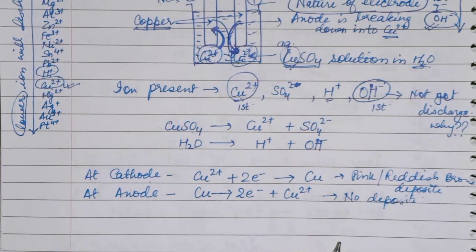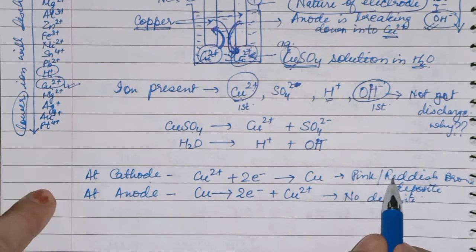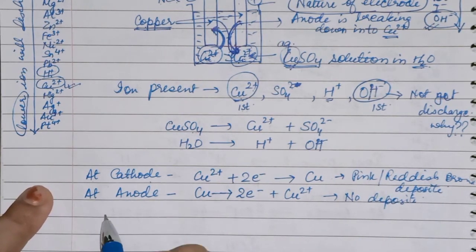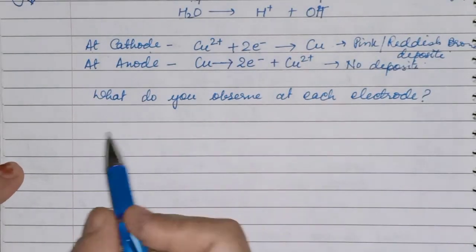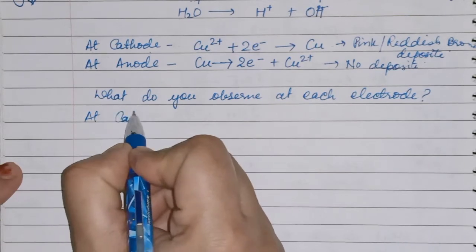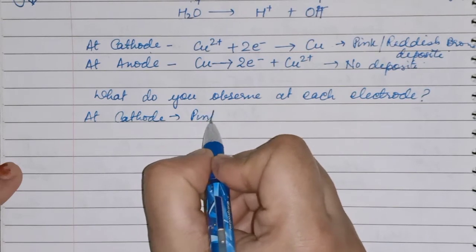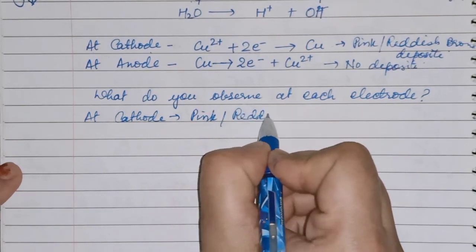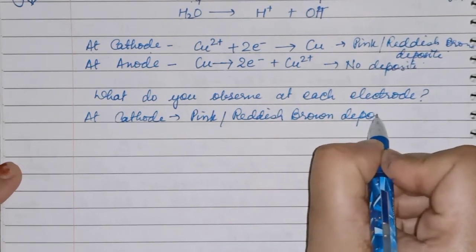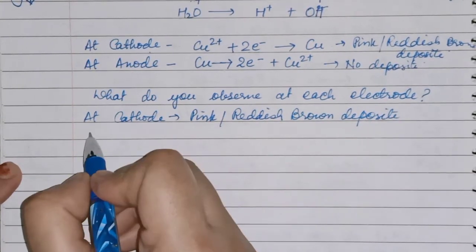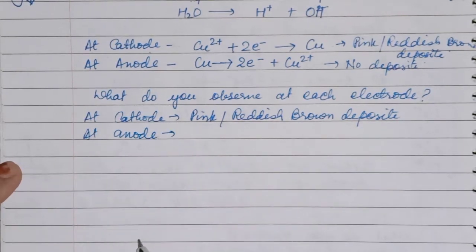You can write what you observe at each electrode. At the cathode you observe that a pink or reddish brown deposit has formed, but at the anode there is no deposit.